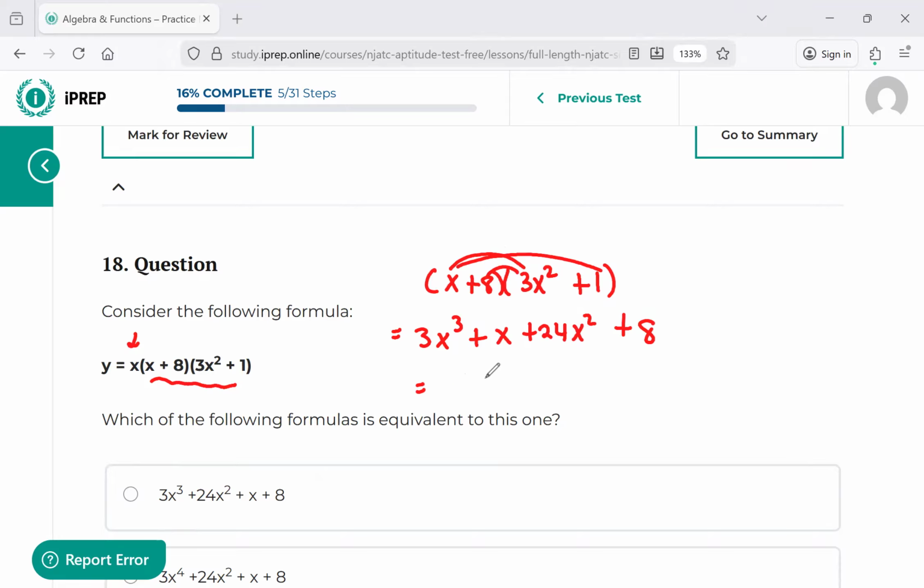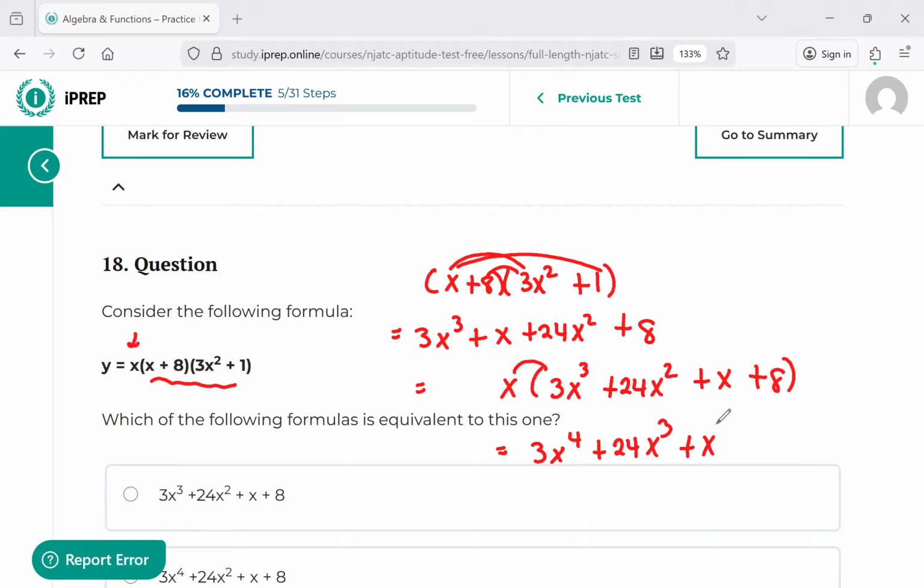Okay, so this is going to be, clean it up a bit, 3x cubed plus 24x squared plus 1x plus 8. And then we're going to multiply that by x. So this is going to be 3x to the fourth plus 24x cubed plus x squared plus 8x. Okay.